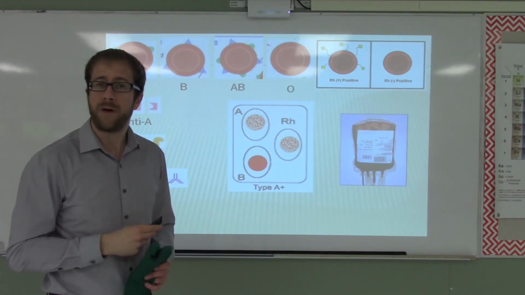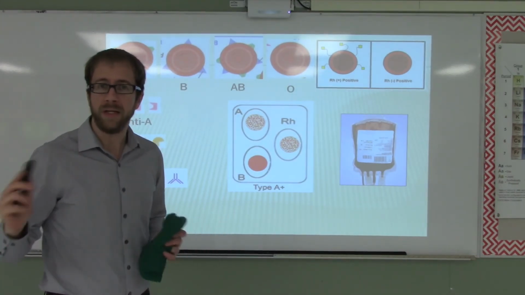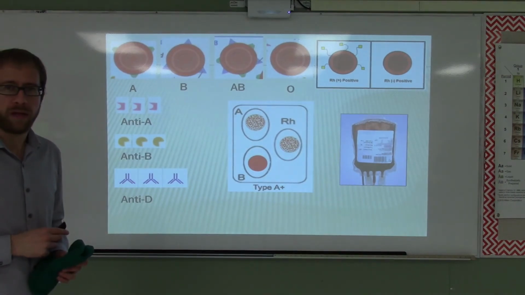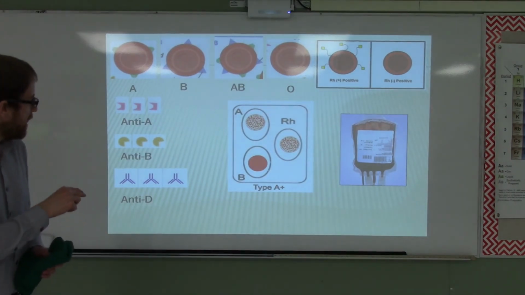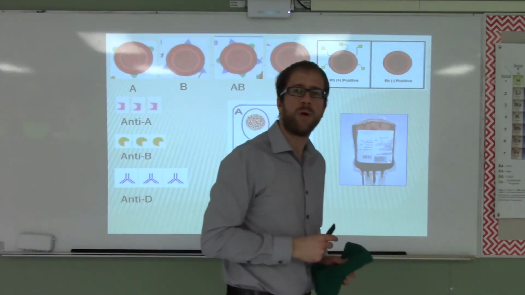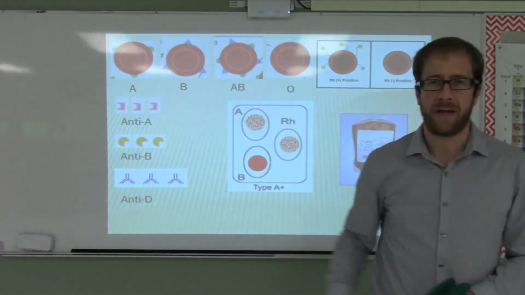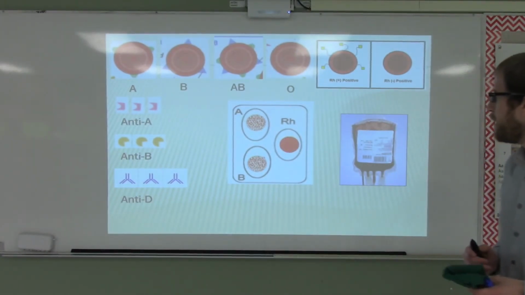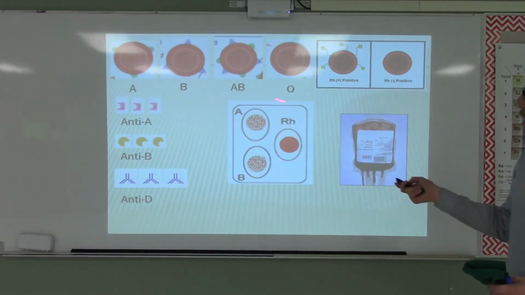They cannot receive from any Bs or any ABs. What antibody would you find in their blood? Right, you would find anti-B antibody because they're going to produce those antibodies against non-self antigens, which is B in this case.